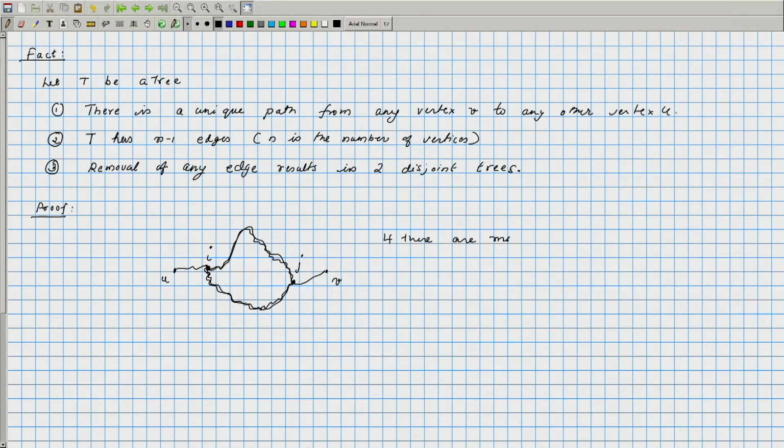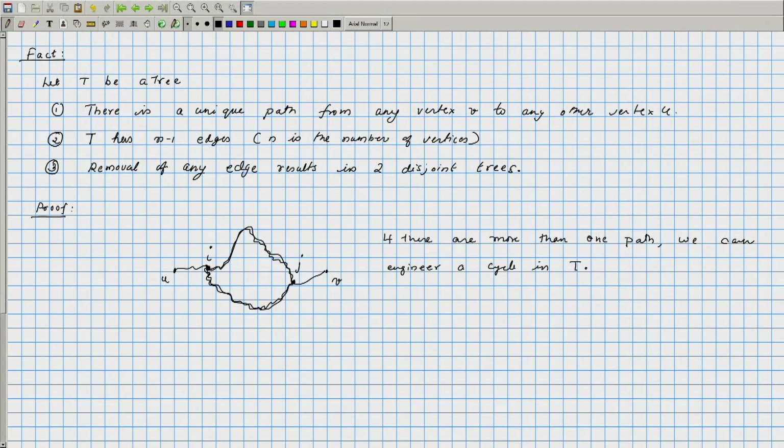If there is more than one path, we can engineer a cycle in T. Okay. Because by looking at these two paths, we can say that there will surely be a cycle in the original graph.